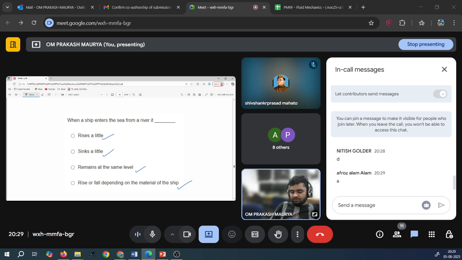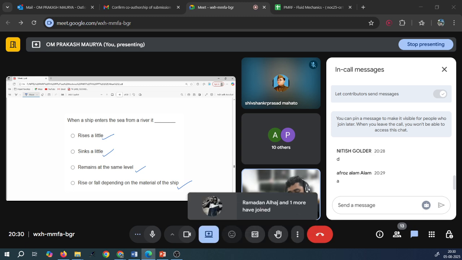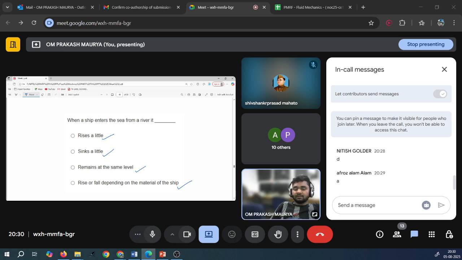First, try to think why something floats, why something does not. Option C, remain at the same level. So first try to think on that, why something floats on the water, or why something sinks in the water.